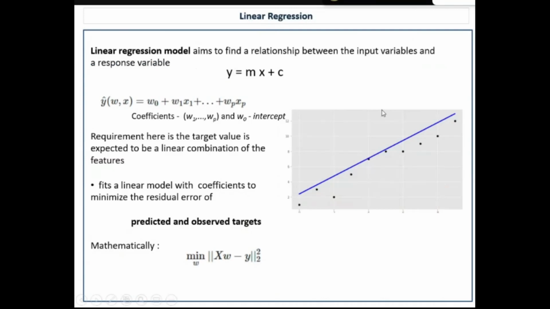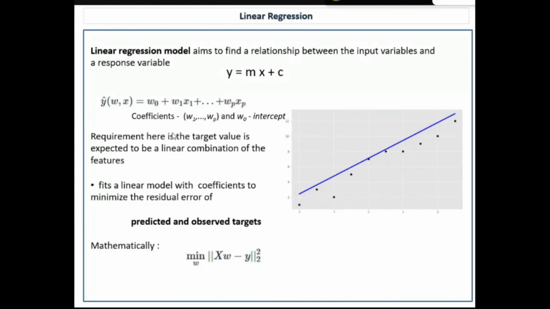So as we have the most famous line equation, y is equal to mx plus c, it works based on learning from the given input. It tries to find the relationship between the input variables and the response variable. Basically, the equation is of this form, where the w's are the coefficients, w naught being the y-intercept, and the w's are nothing but the slopes.